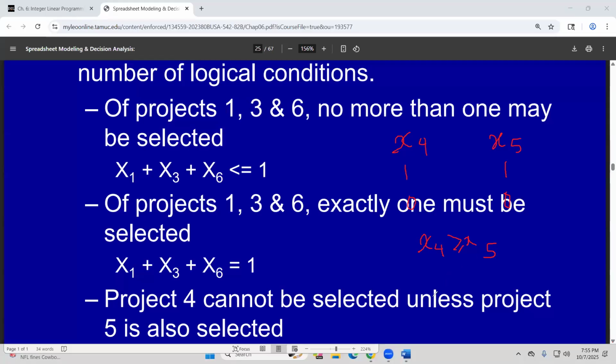So equal means you can put the equal as well, I guess. Unless, let me see. When you put equal, that forces you to pick both x4 and x5 at the same time.